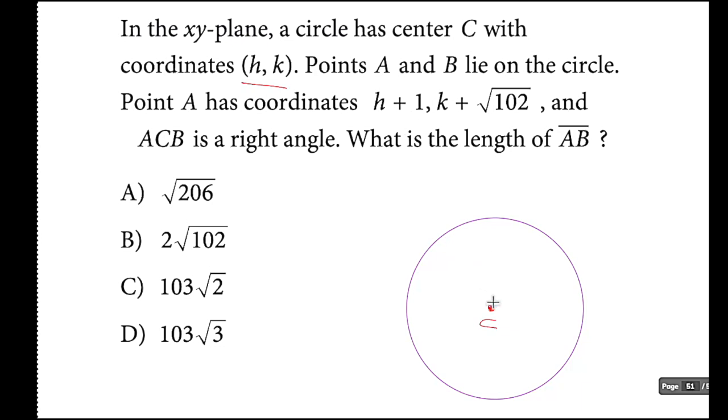So basically A is going to be 1 to the right, so a little bit to the right of the center, and K, the y coordinate, plus the square root of 102. Now we're going up the square root of 102, and that's where point A is going to be.